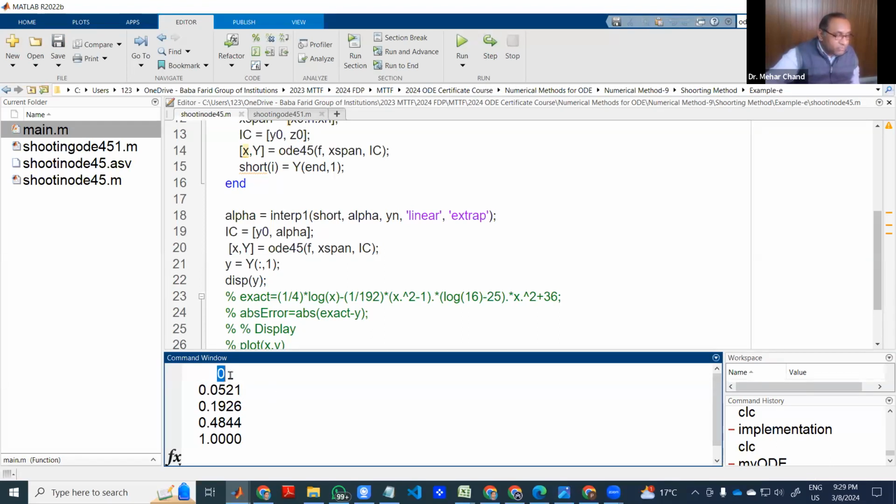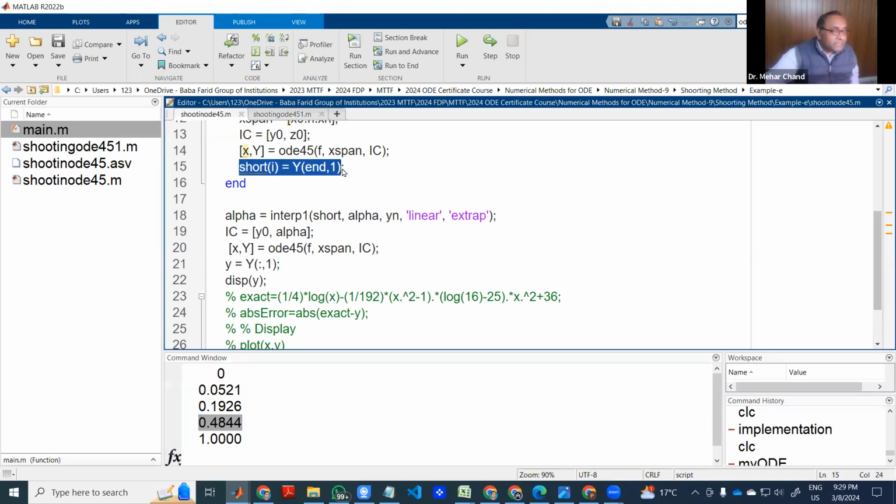This is Y naught, this is Y1, this is Y2, this is Y3, this is Y4. Initially when we simplified at this place, the value of Y4 was not accurate.